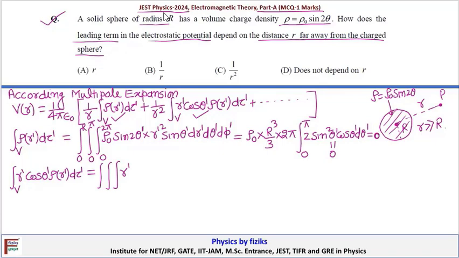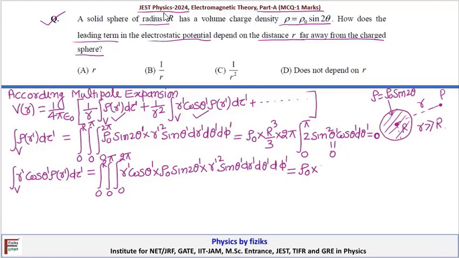Let's write r dash cos theta dash. Now this is rho naught sine of 2 theta dash into r dash square sine theta dash dr dash d theta dash d phi dash. Again the limits are 0 to R, theta dash 0 to pi, and phi dash 0 to 2 pi. If we see this integral, rho naught is again constant. Now this will be r dash cube, so that will give you R power 4 by 4.